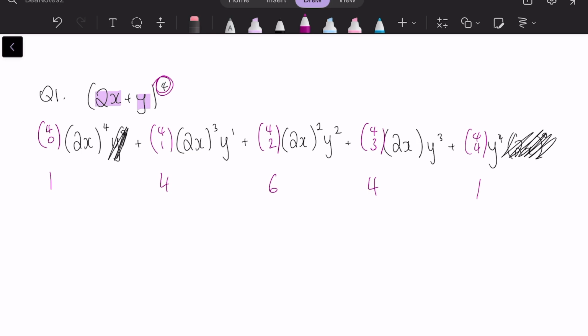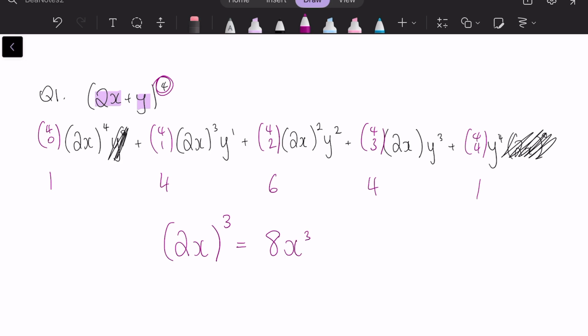And now our third line of working, this is where we have to expand out brackets. So we know from index laws that if you have 2x to the power of 3, for example, because it has brackets around it, you have to do 2 to the power of 3 and x to the power of 3. So in total, this is going to be 8x cubed.